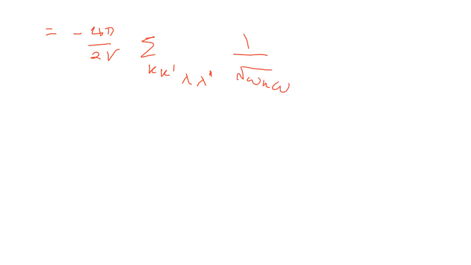This gives you minus 4 pi over 2V, sum over k prime, lambda prime, 1 over square root omega k prime. Did I compute this?